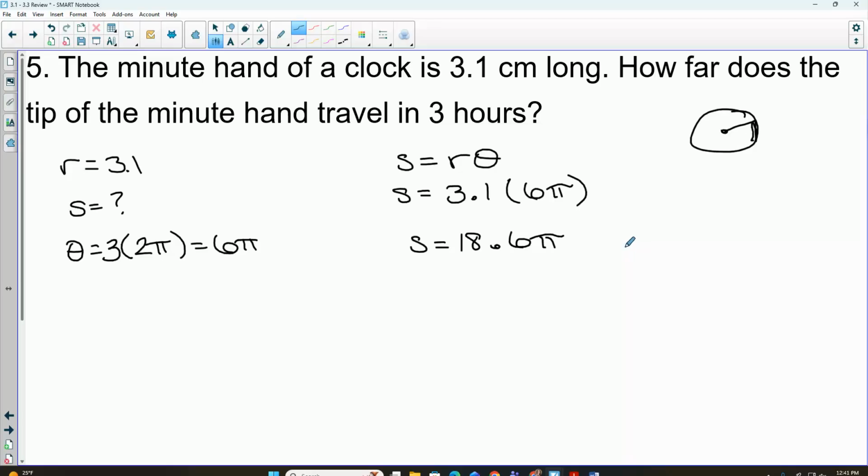You could multiply out the pi, it would probably be somewhere around 55, 56, something like that. What would my unit be? Centimeters. Is that one okay?